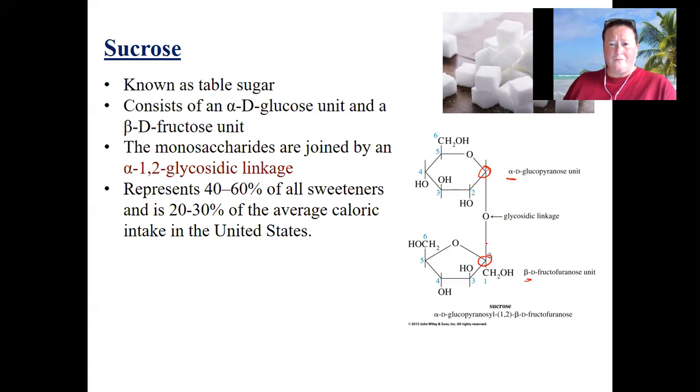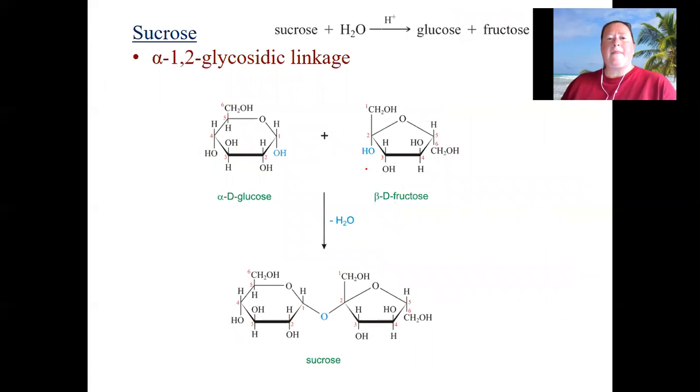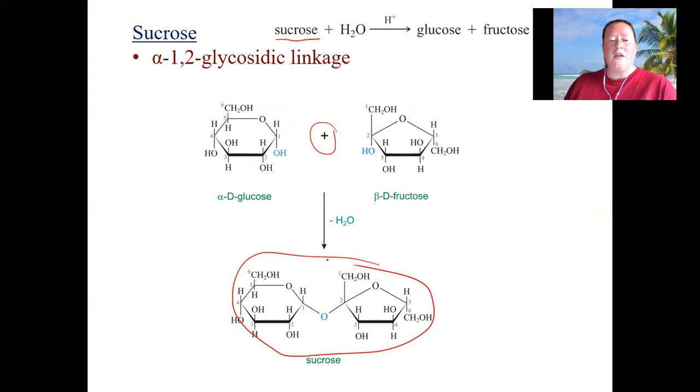So sucrose represents the majority of all sweeteners and can be up to 20 to 30% of the average caloric intake in the United States. So when we hydrolyze sucrose, or if sucrose is being made, it's being combined together between the two monosaccharides coming together to form the sucrose.